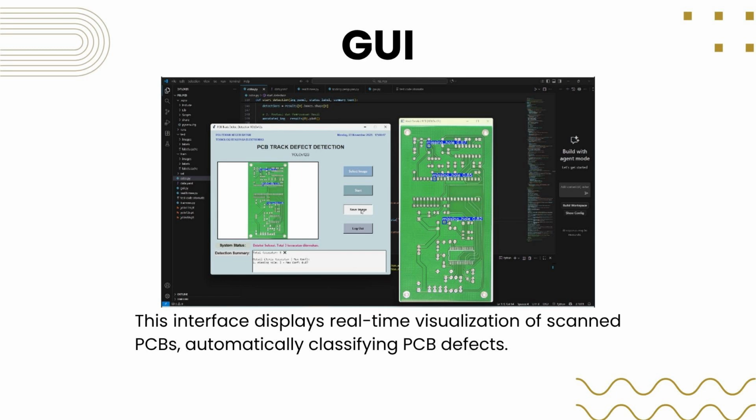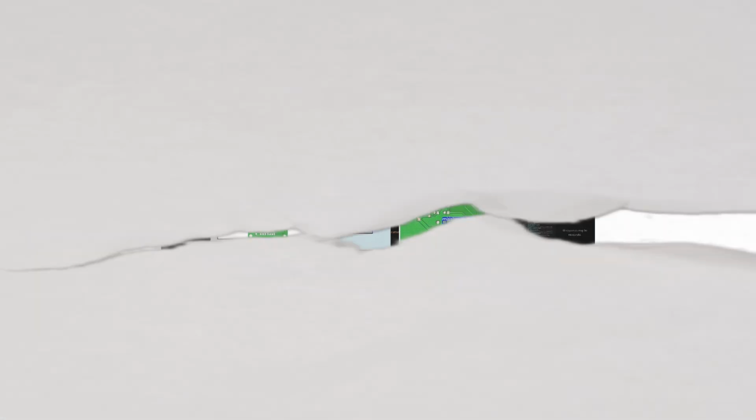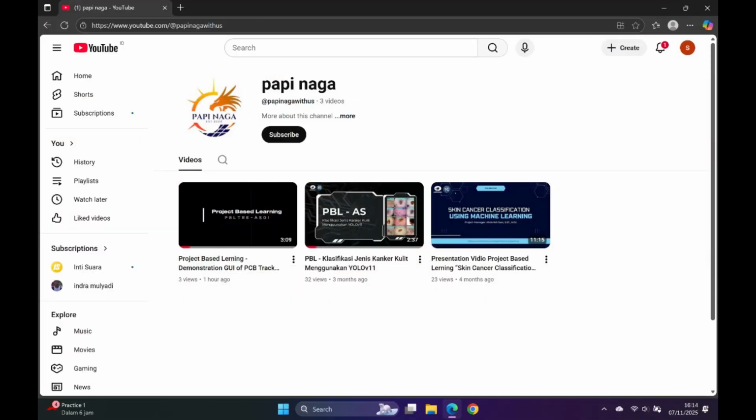It is designed to make the overall detection process more interactive, practical, and easier to understand compared to manual observation. In the future, this GUI will also serve as the main access point for operators to view or validate detection results in real time.